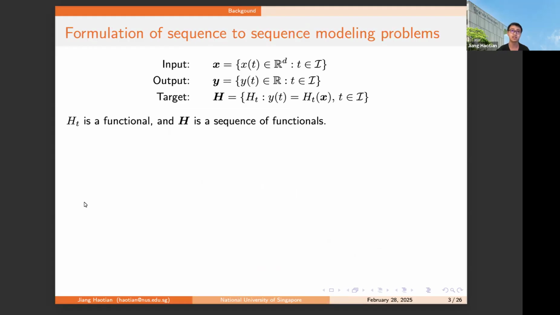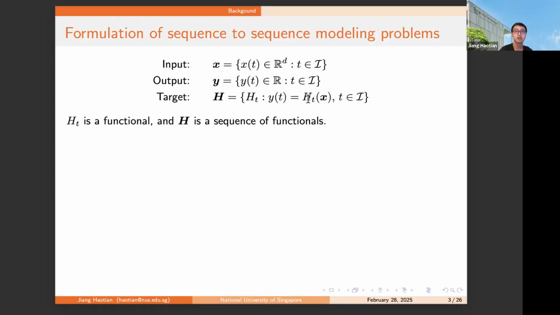In order to analyze the sequence modeling problem mathematically, we need some kind of abstract formulation, and we use the following formulation, which should be general enough. The input space here is defined as a function from the time index t to some d-dimensional vector, where I denotes the index set. For the output, we consider scalar-valued sequences.